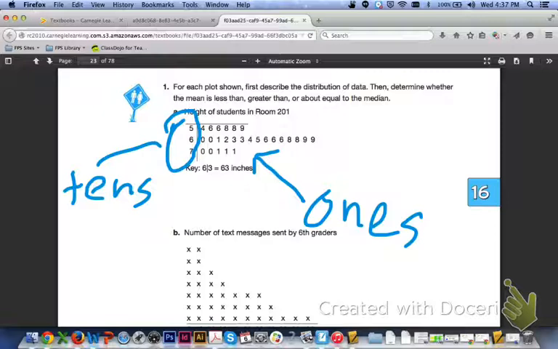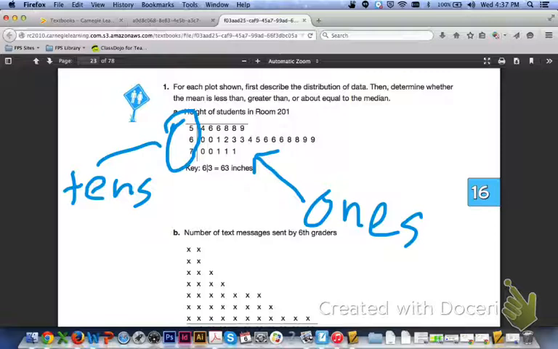If you're looking at the 5 tens place, we have 1, 2, 3, 4, 5, 6 values. The values would be 54 because 5 tens, 4 ones, 56 because 5 tens, 6 ones, 56 again, 58, 58, and 59.